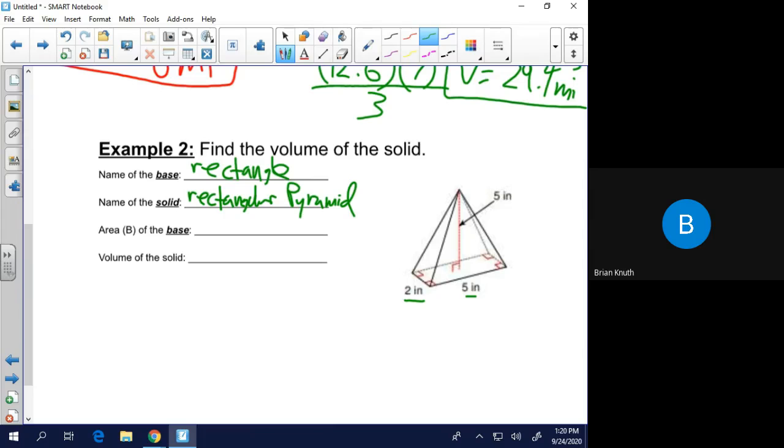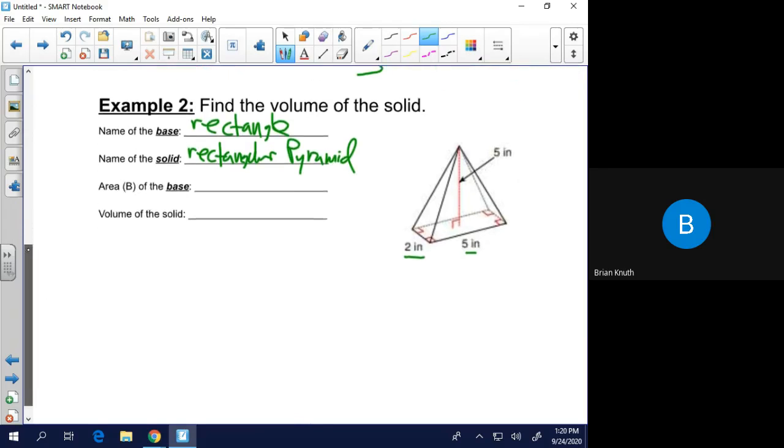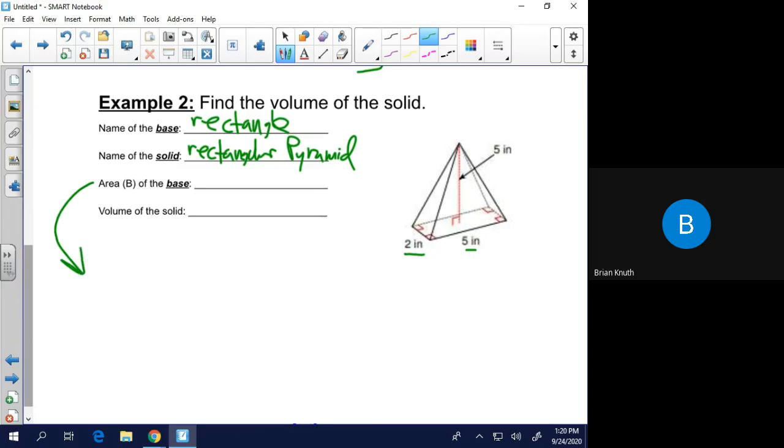All right, and then area of the base. Let's solve for that next. Again, rectangle. Area formula for a rectangle is base times height. In this case, it doesn't matter what is the base, what is the height.